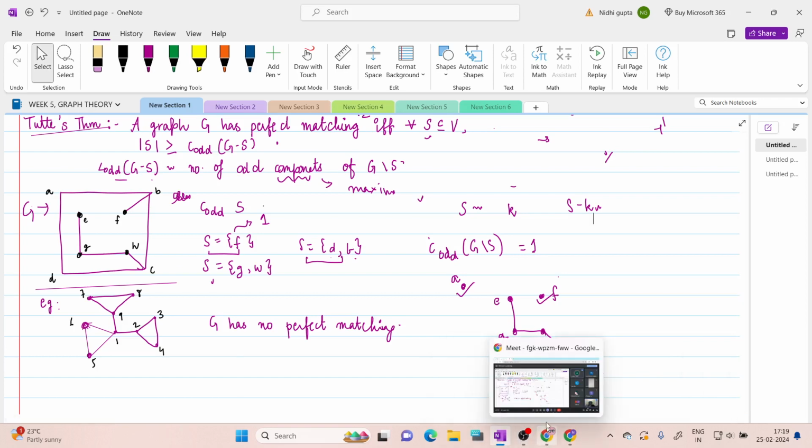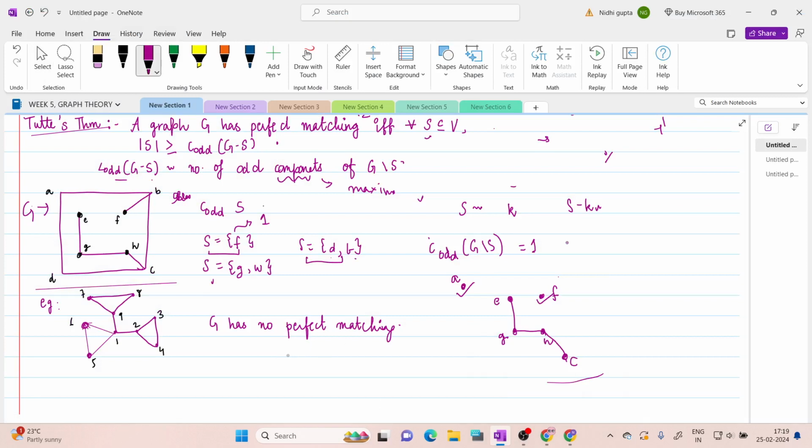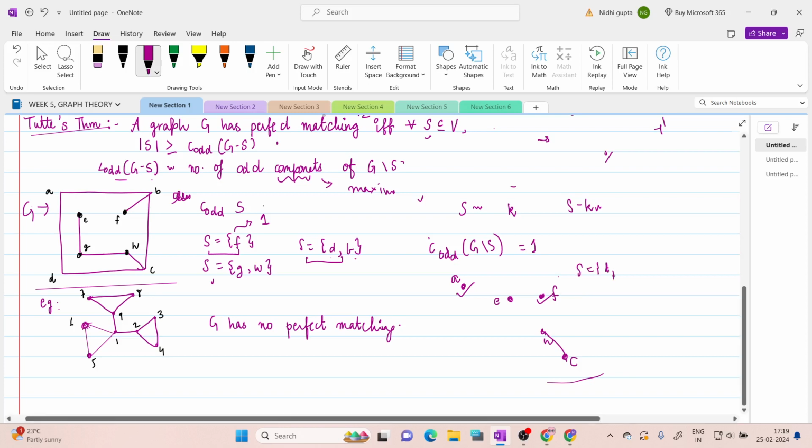If we remove G also, then D, B and G. You're saying D, B and G? Yes, ma'am. So if we remove G, then this is the graph, right? If you take S to be D, B, G, how many odd components are you getting? Three, right?